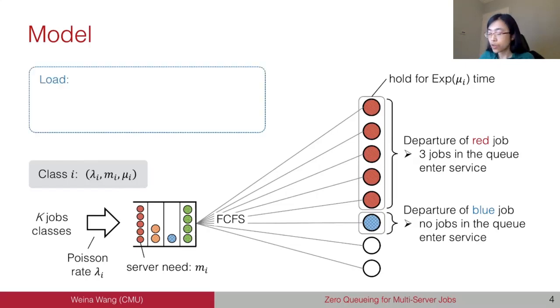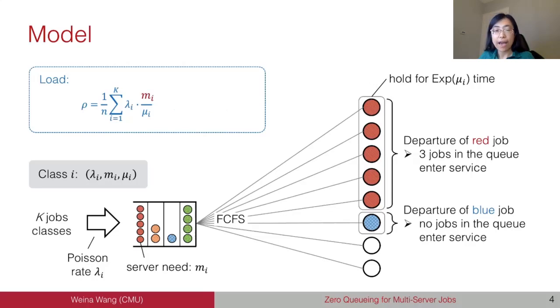For a multi-server job system, we need to re-examine the notion of load. Traditionally, it is defined through the ratio between the arrival rate lambda_i and the service rate mu_i, where 1 over mu_i captures the time we need to finish a job. But with multi-server jobs, this definition of load no longer captures the fraction of busy servers in steady state.